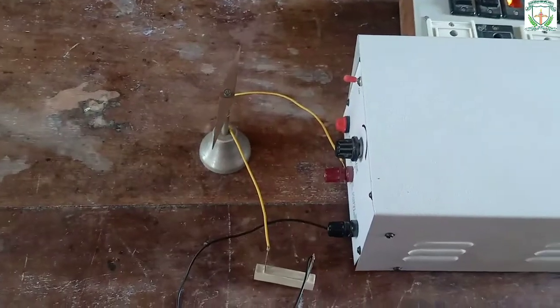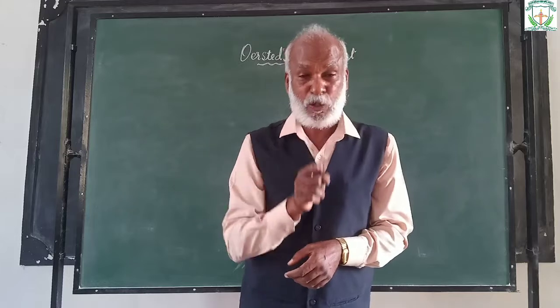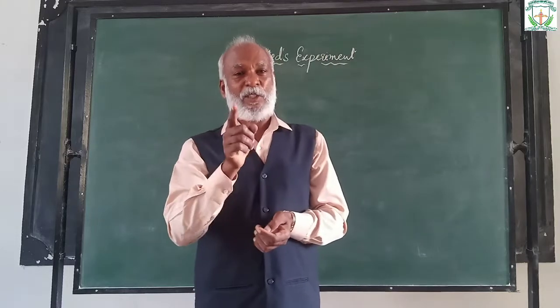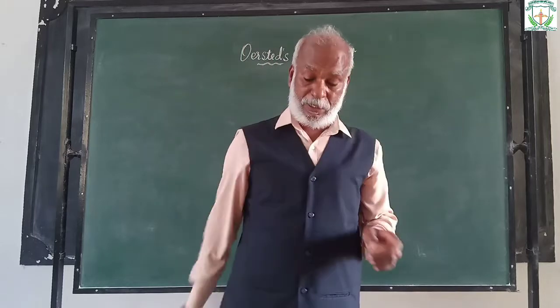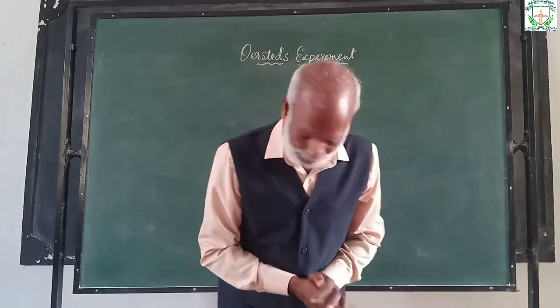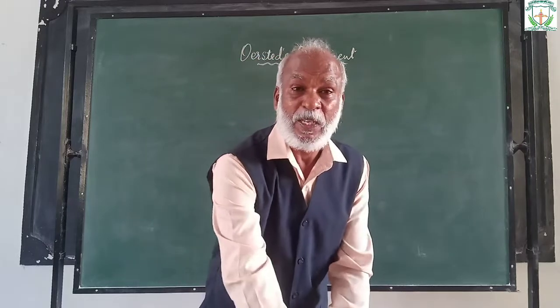What is the reason for this? If the magnetic needle has to deflect from its original position, there should be another magnetic force nearby. We don't have any other magnet here, only the current carrying conductor.